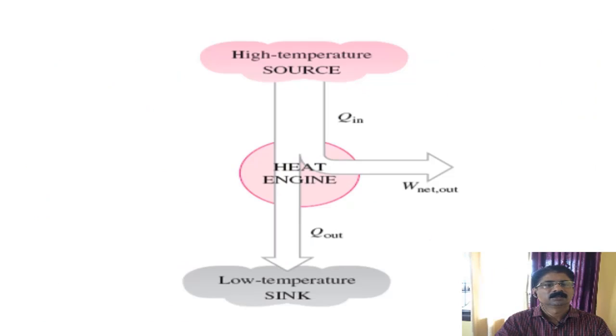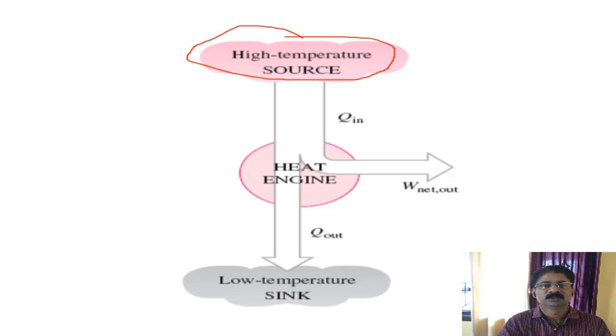Now this is the pictorial representation of a heat engine. As I told you in the previous slide, it should have a high temperature source from where it absorbs heat, or rather receives heat, and converts a part of that heat into work. It is shown like a path wherein a small part is moving out as the work, and the remaining part is rejected to the low temperature sink.